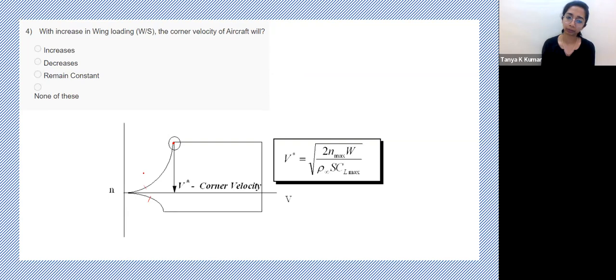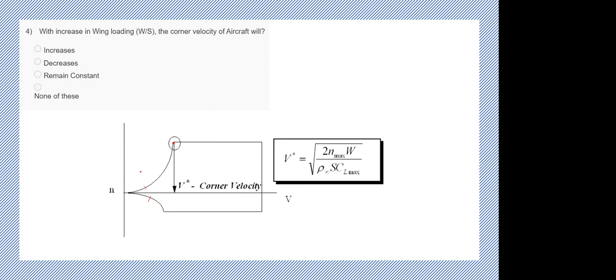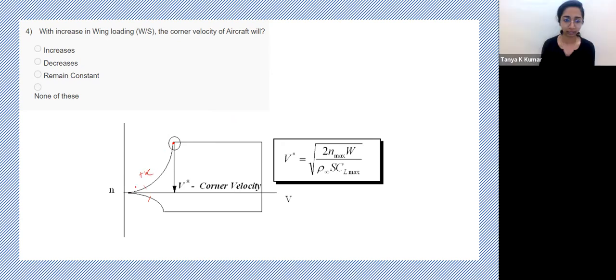Think about it. What is the first limit that we impose on velocity? V stall, exactly. So these are the positive and negative stall limits, and these are the structural limits.